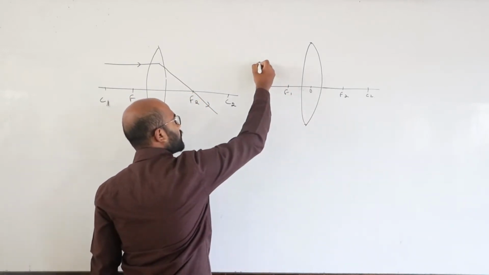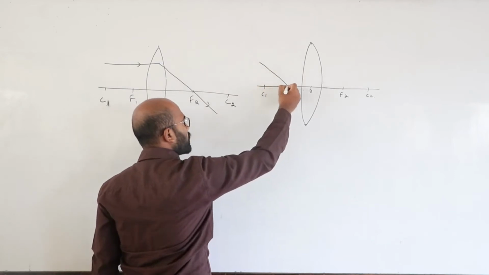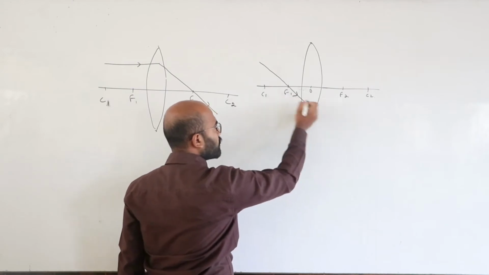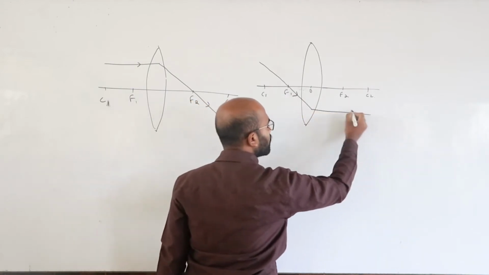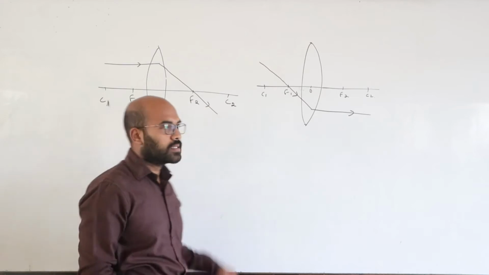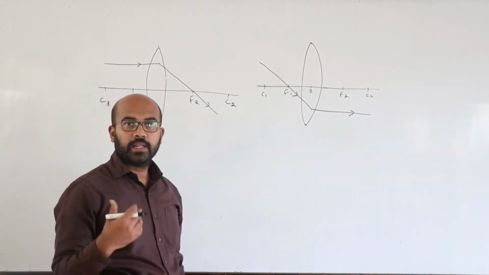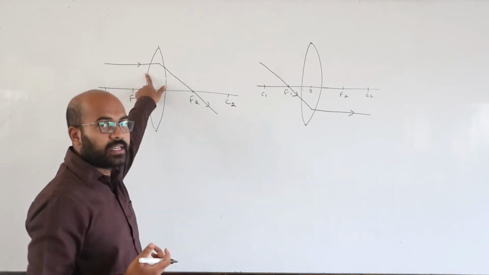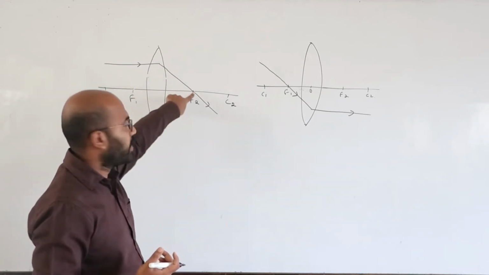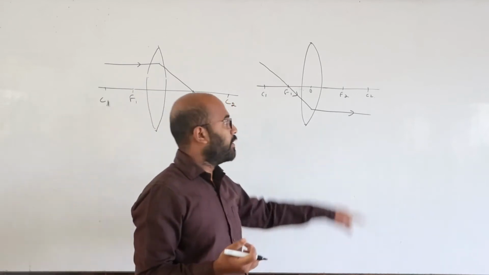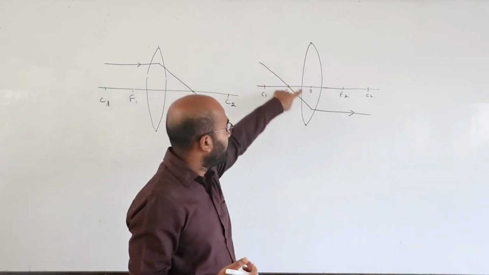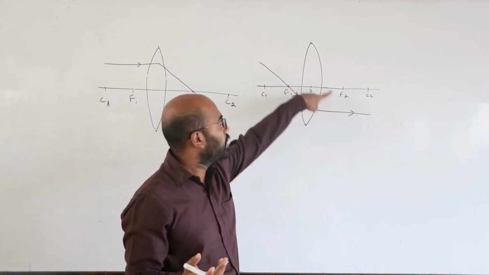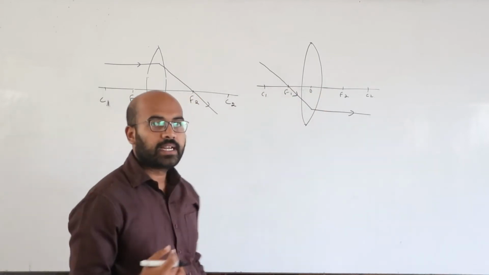The light ray passing through principal focus, after refraction, emerges parallel to principal axis. So these two are the reverse. They are opposite to one another. Here the light ray is parallel to principal axis, after refraction, it is passing through principal focus. Whereas here the light ray is passing through principal focus, after refraction, it becomes parallel to principal axis.